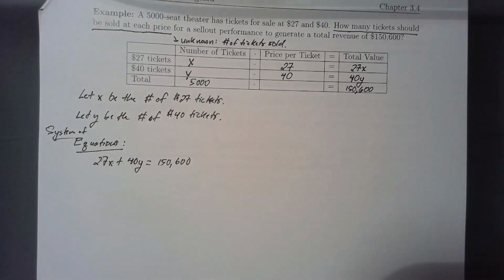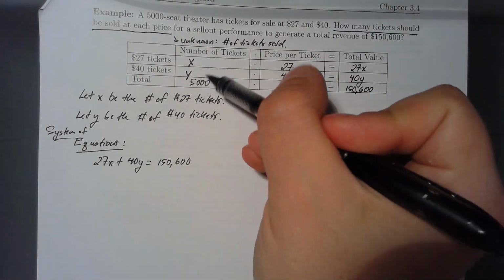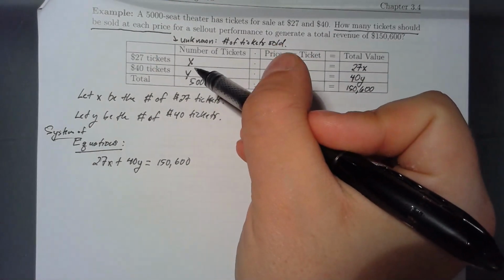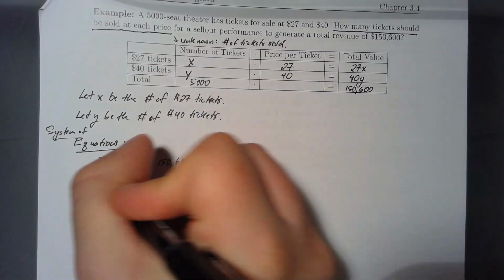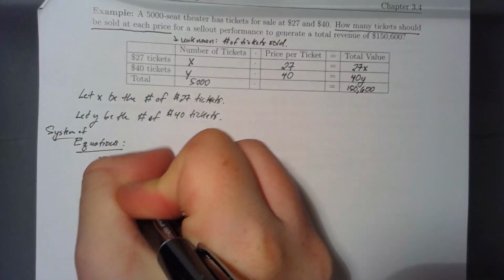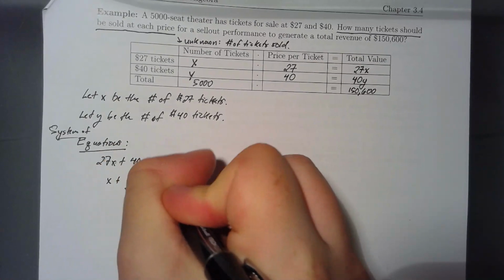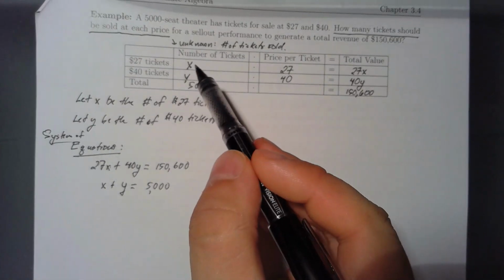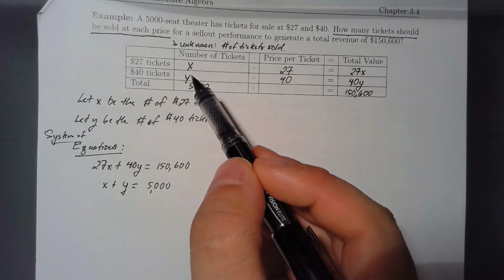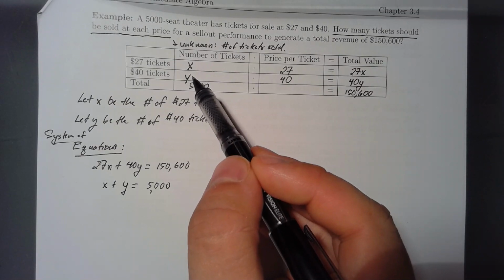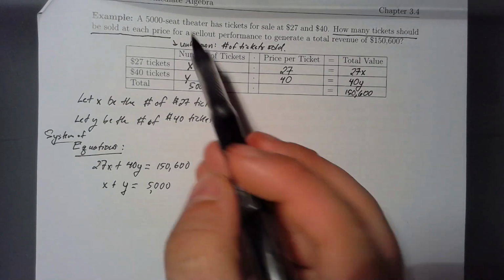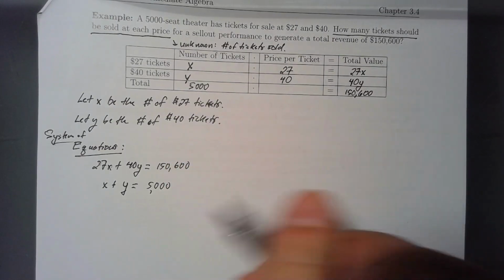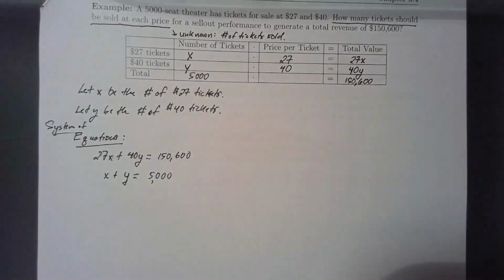Where's my other equation? Well, right here, right? X plus y is 5,000. The total number of $27 tickets and $40 tickets should add up to 5,000 tickets altogether. Here's my system. So now solve that system.